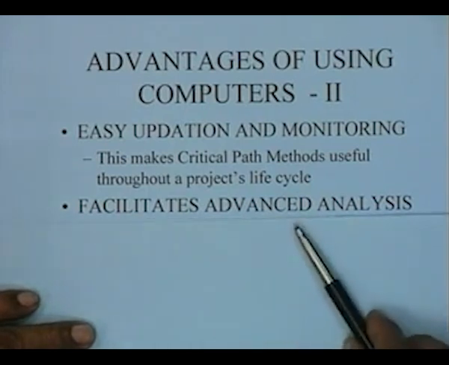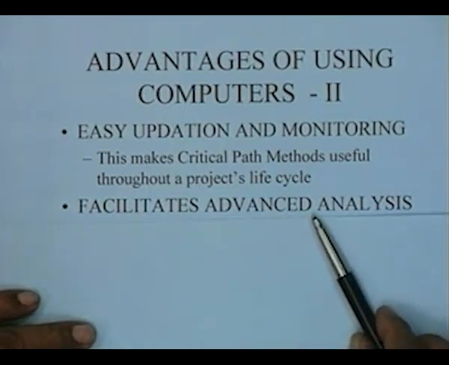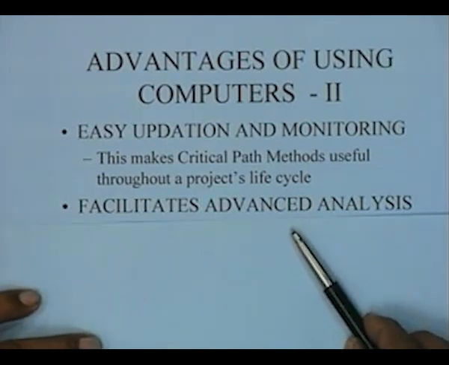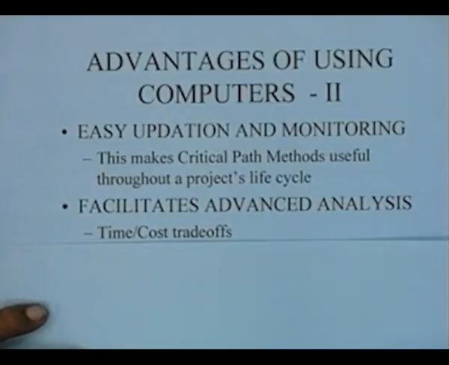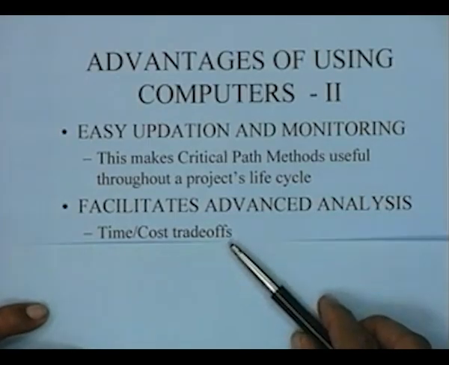Another reason why computers are useful in practical project management is the fact that they facilitate certain kinds of advanced analysis which would become very difficult and tedious if it was done manually, right? And what we mean by these advanced analysis is things like time cost trade-offs.